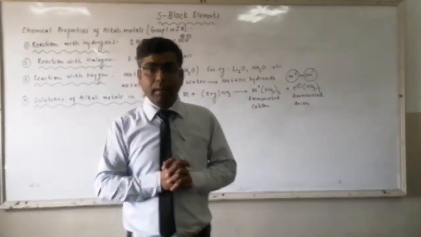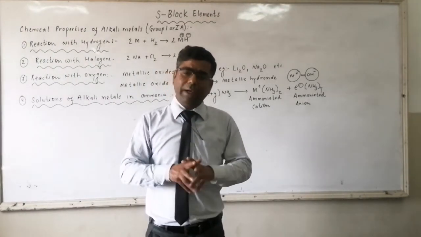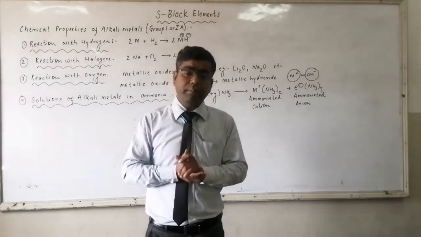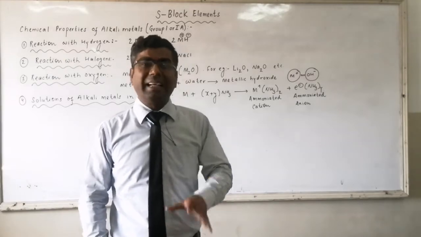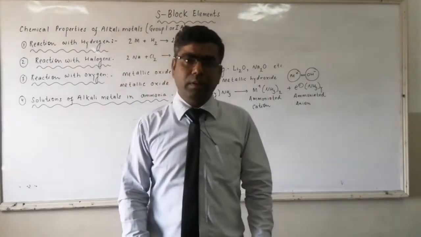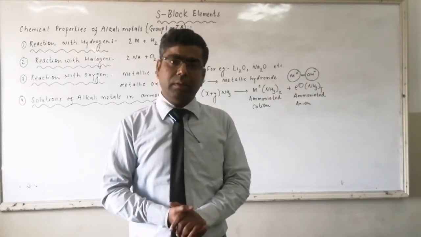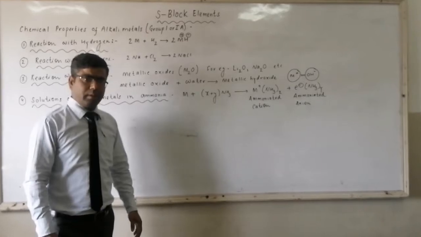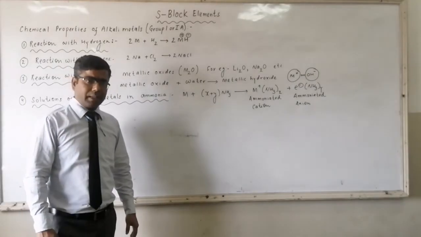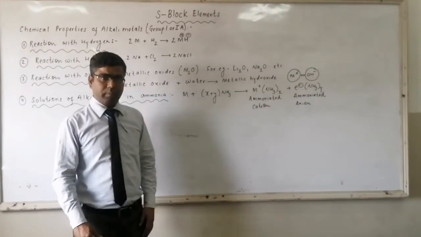The solutions of alkali metals in ammonia have blue color, that's point one, and second, the solutions are conducting in nature. The solution exhibits electrical conductivity. What's the reason? Just see how this reacts. The metal atom reacts with x plus y molecules of ammonia.